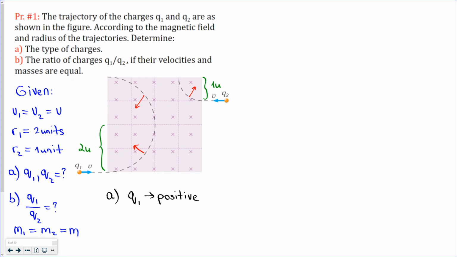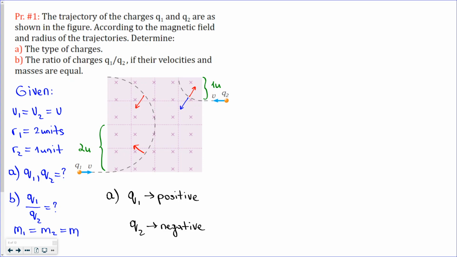And if I apply the right-hand rule, the force must be opposite. So see, the right-hand rule can't be applied. So this is a negative charge. We said in a negative charge, force is always opposite.